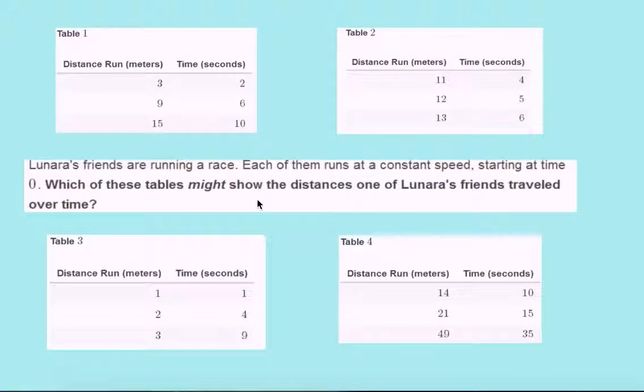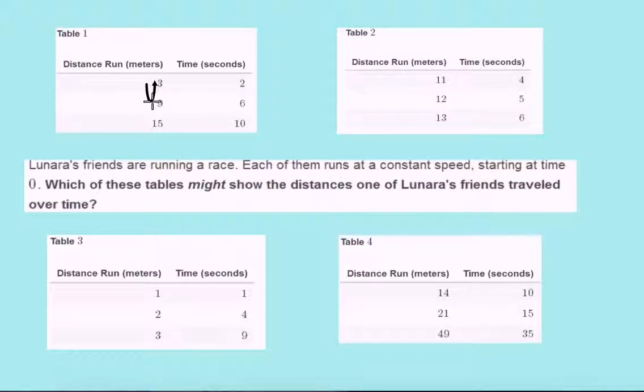Lunara's friends are running a race. Each of them runs at a constant speed, starting at time 0. Which of these tables might show the distance one of Lunara's friends traveled over time? So let's take a look. This is just going to be our background knowledge of ratios.